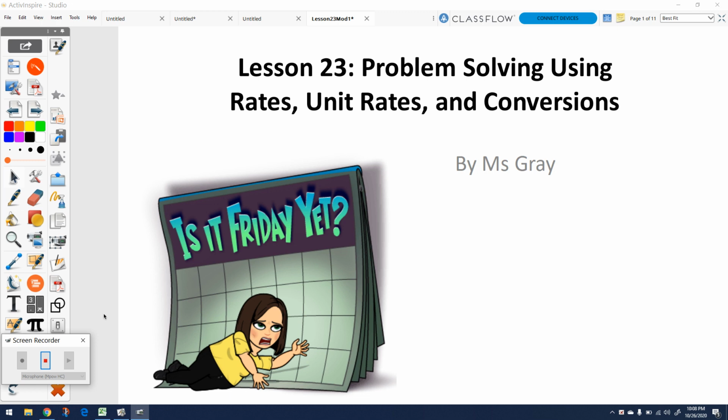Number 4 was 3,450 miles. Number 5 is 275 miles. Number 6 is 13.1 miles per hour. And number 7 was 5,100 centimeters.